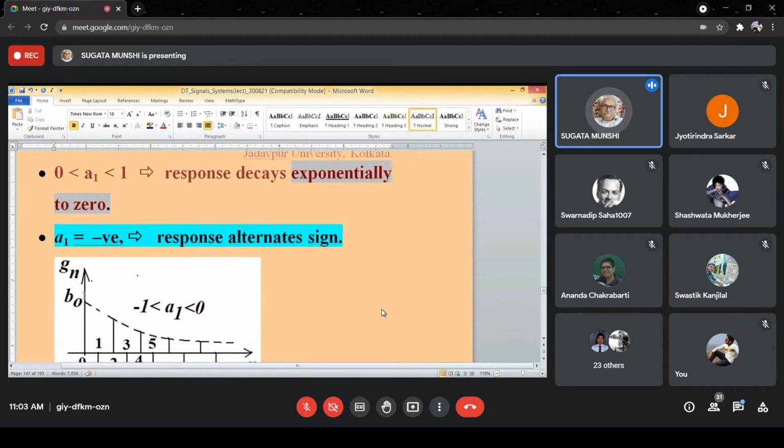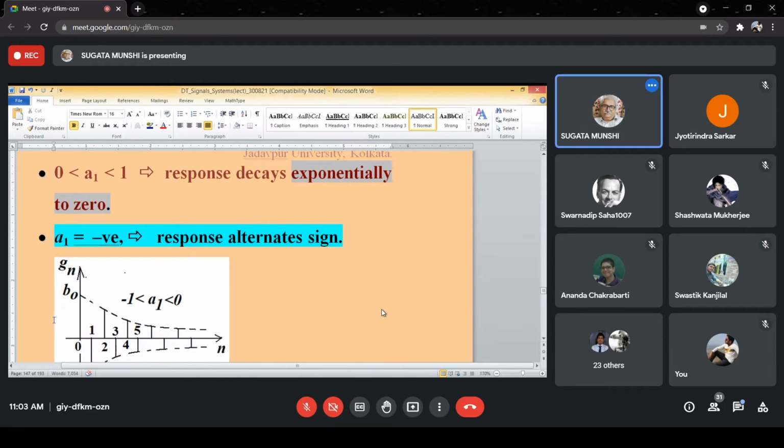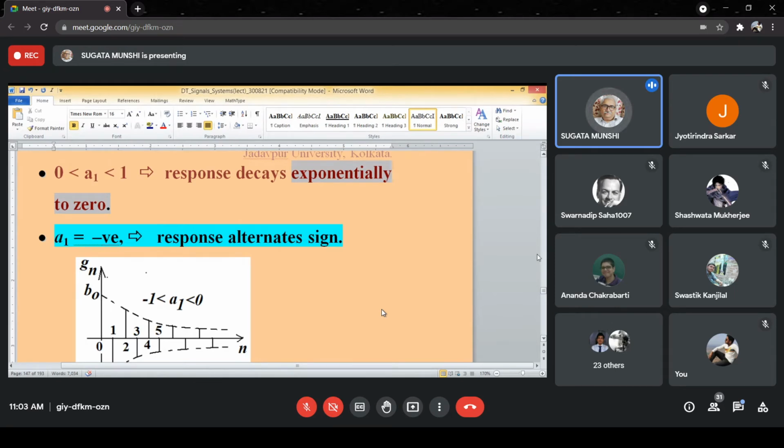So for these figures, I haven't written down the comments, I think, but you should be able to describe it. I don't remember whether the comments are below.